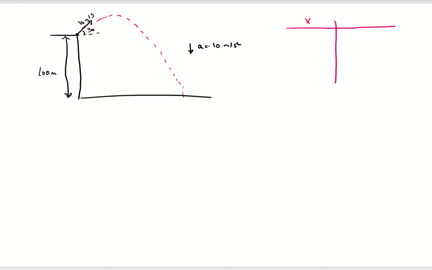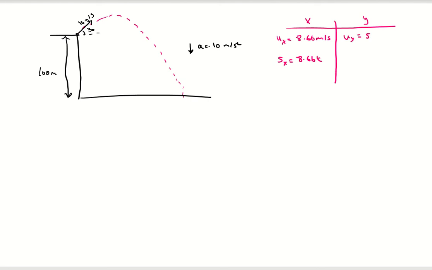So this is the x direction, this is the y. Ux is 10 cosine 30, okay? So 10 cosine 30 is 8.66. And Sx is 8.66t. Uy, the y component of the velocity, is 10 sine 30.